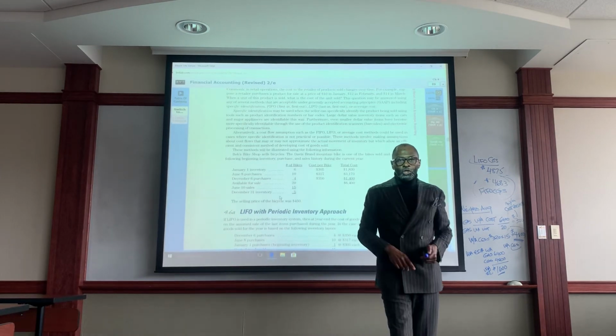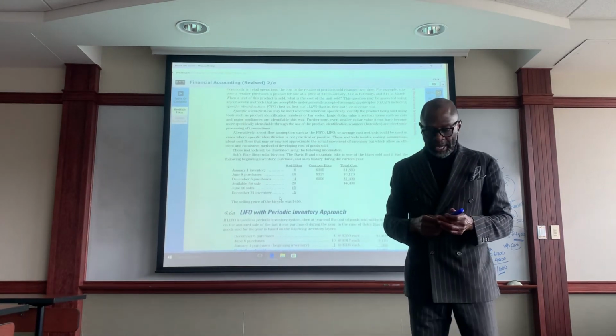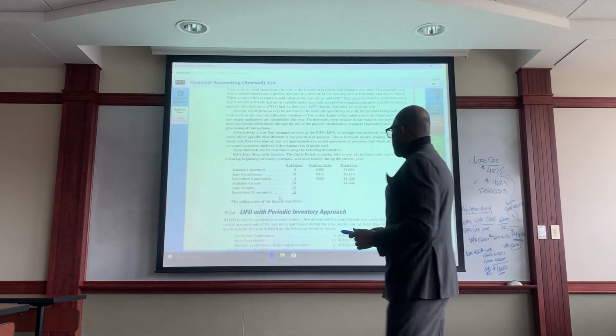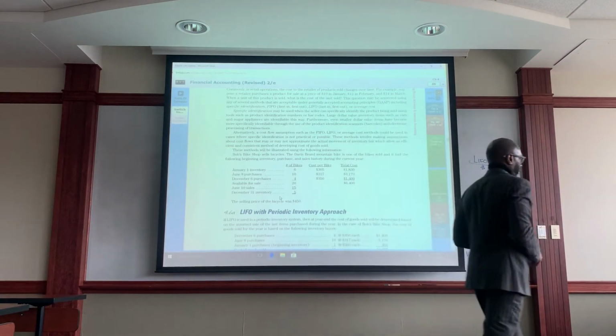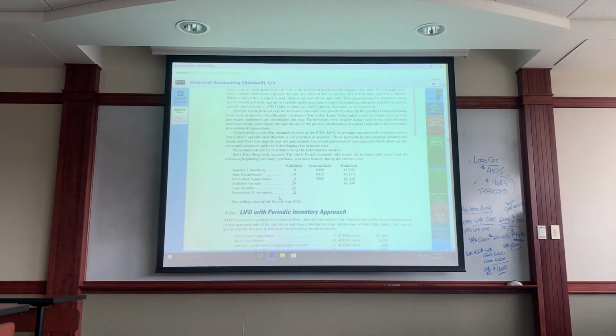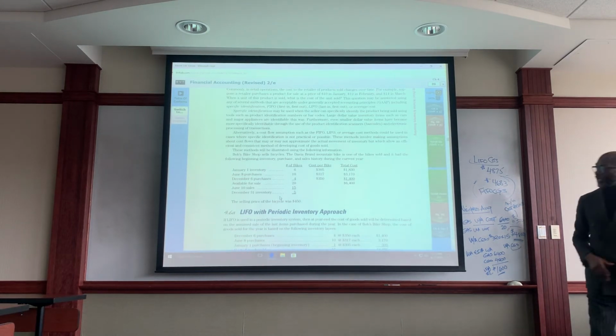All right? So if I need to calculate total sales, how do I do that? My total sales in this problem is going to be the $450 times 15, which is $6,750.